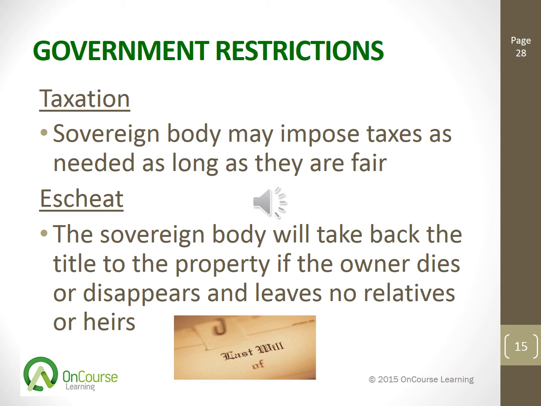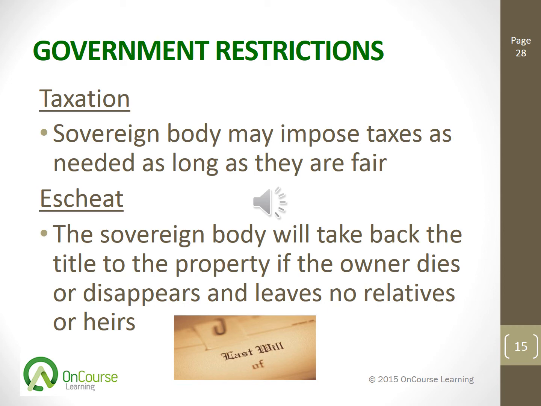The last thing we're going to talk about on this slide is escheat. The sovereign body will take back the title to the property if the owner dies or disappears and leaves no relatives or heirs. We don't say "heirs." I don't know why. In the Spanish language, of course, we don't pronounce the H. But for some reason, this goes back to the Latin, where I guess they didn't have H's either.